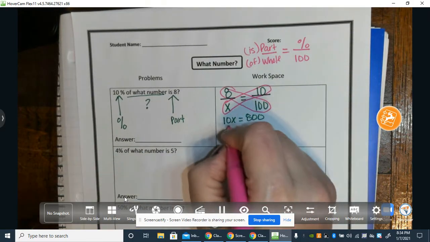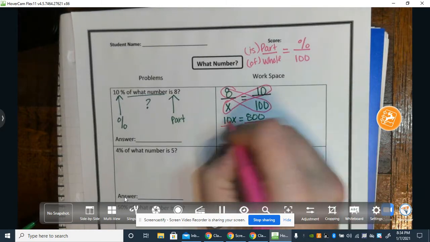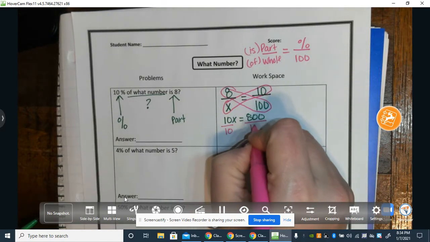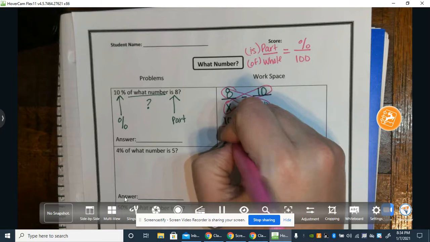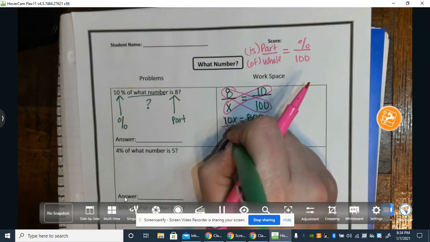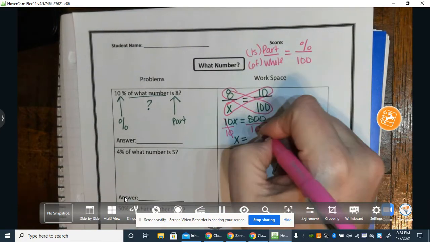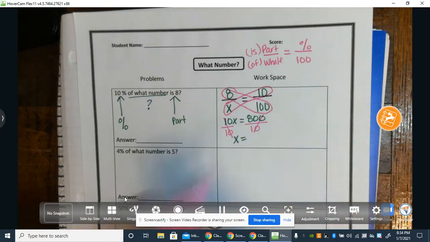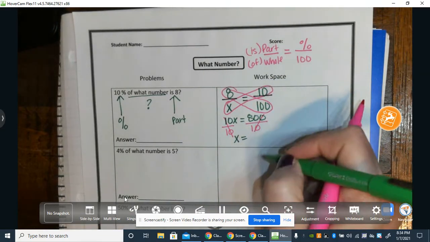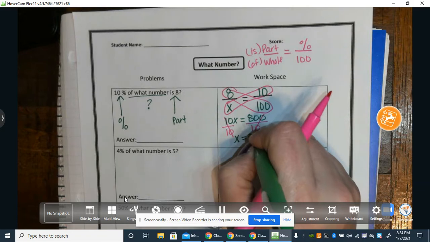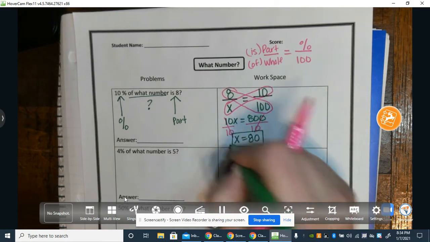So then we would need to divide each side by the number with the variable, so it's 10. So divide by 10, so that cancels it out, leaving me with x is equal to 800 divided by 10. I can cross out the zeros. 80 divided by 1 gives me 80. So my answer would be 80.